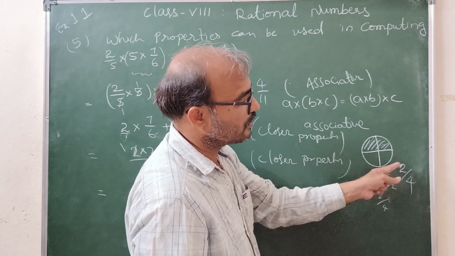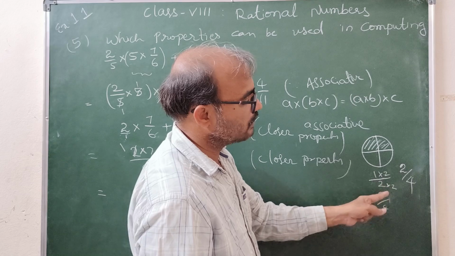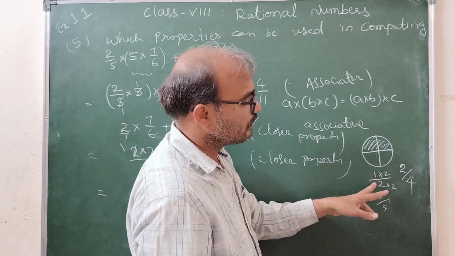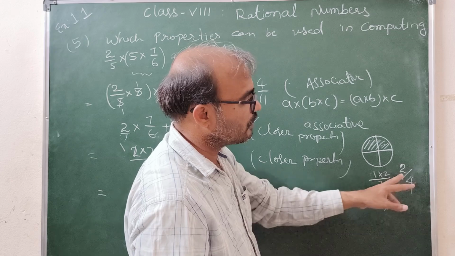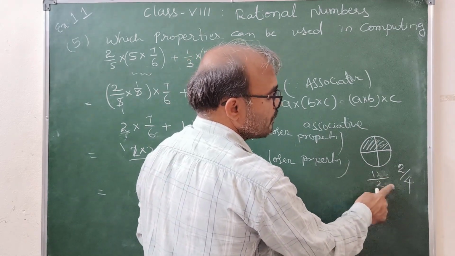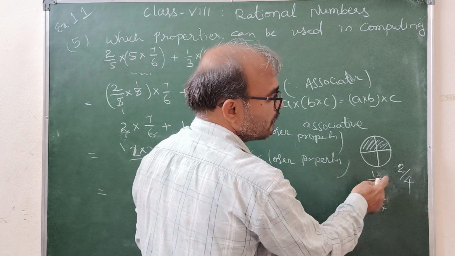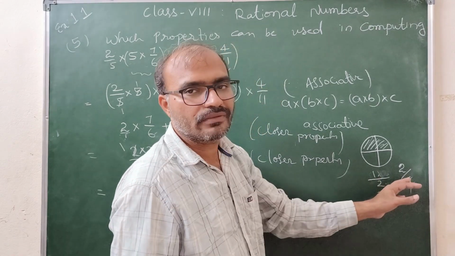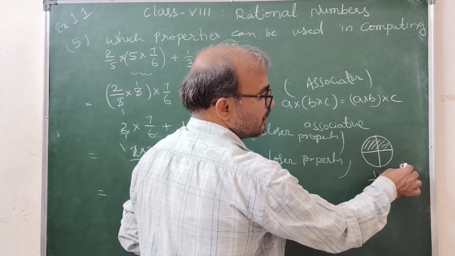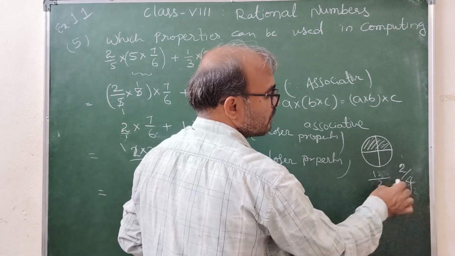From 1 by 2, how do you get 2 by 4? By multiplying numerator and denominator by 2. So 1 by 2 and 2 by 4 are called equivalent fractions. They represent the same quantity, but they look different. If you cancel 2 ones, 2 twos, you will get 1 by 2.